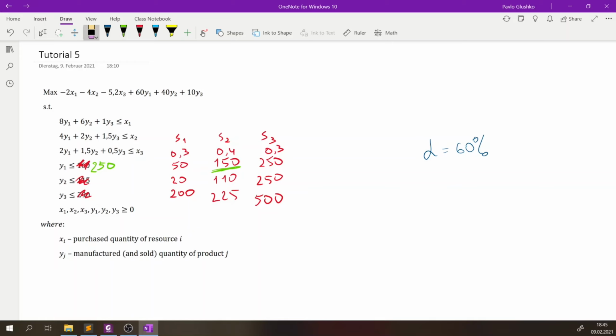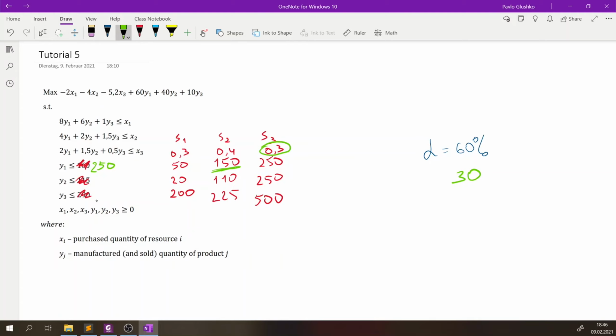Scenario 3 has this probability of 30%. It means that when we choose the right-hand side for the demand constraint of the first product as the data value from scenario 3, we guarantee the alpha level of 30%, but we want it to be 60.